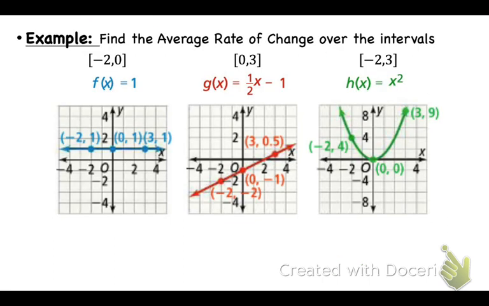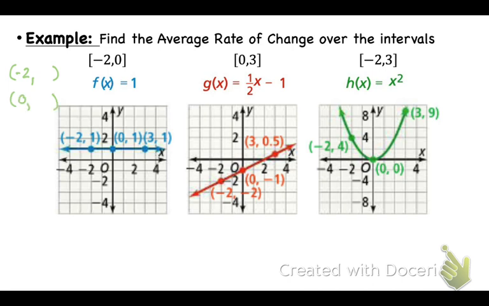So, just a second, let me describe what's here. What's going on here? The directions say find the average rate of change over the interval. Intervals are what values? X's. Well, to do slope, you have to have an X and a Y. So if they give me an X, they gave me -2 and 0, didn't they?